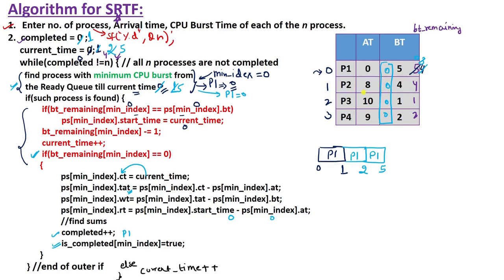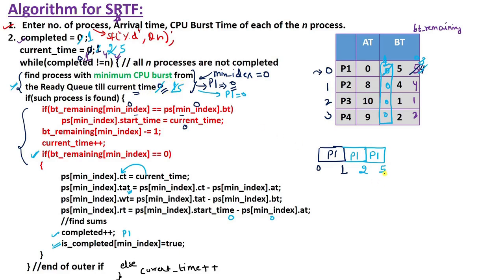This was also used in the SJF. Now P1 is completed, so it will be 1, or true. Now we go to this loop again, and completed is 1, which is not equal to 4. Again, we will find the minimum CPU burst time from the remaining processes till the current point of time.